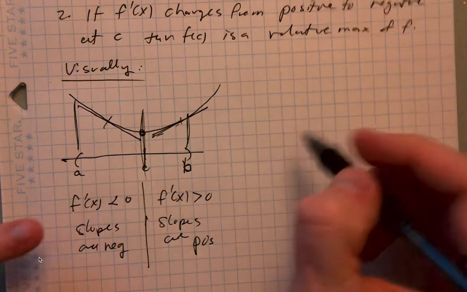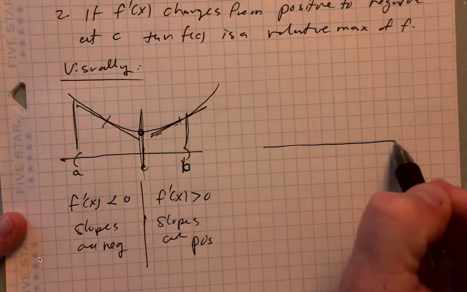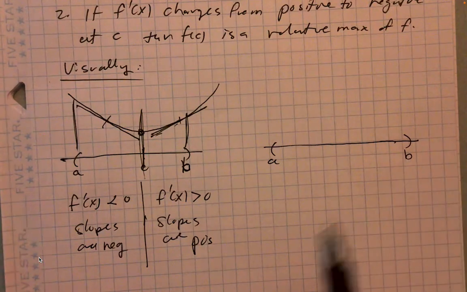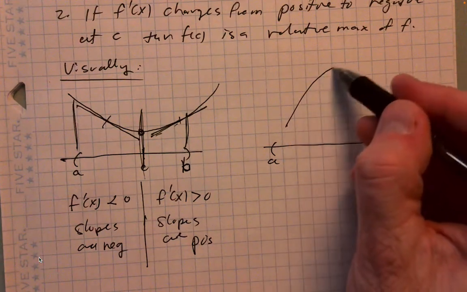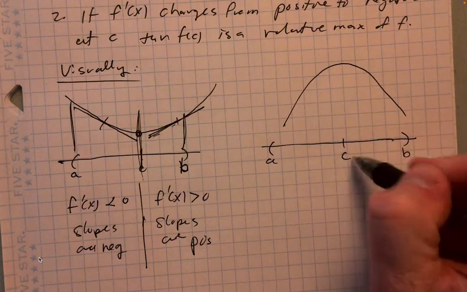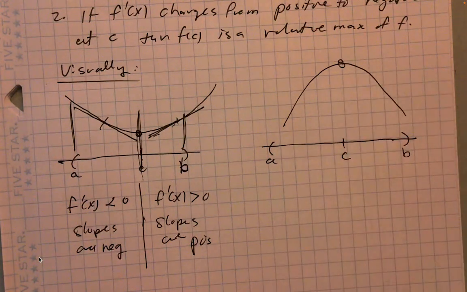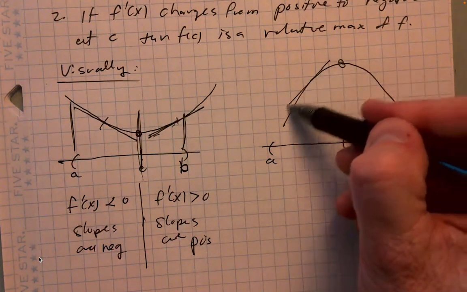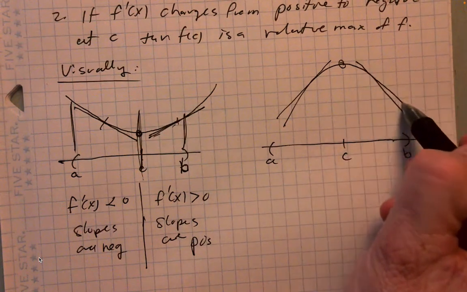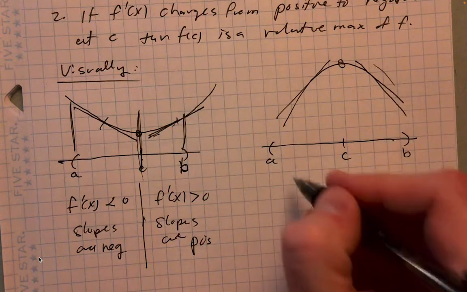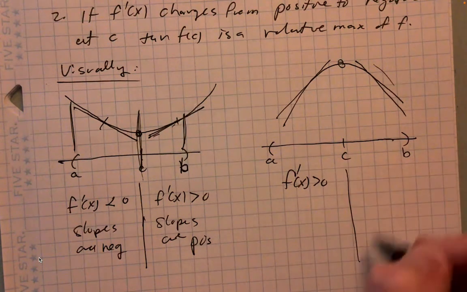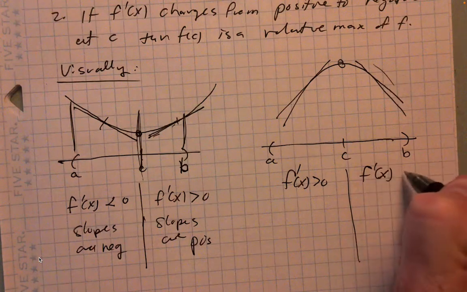So what happens in the case of the reverse? Well, if you have something that looks more like this, and maybe your c is right in the middle, in that case all tangent lines to this side are going to be positive. All tangent lines on this side will be negative. So the derivative over here is greater than 0. The derivative over here is less than 0.